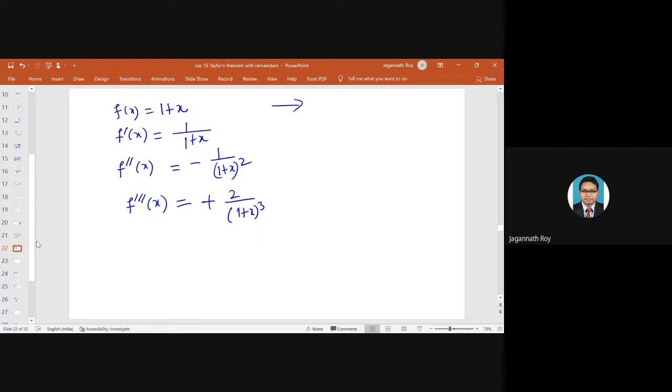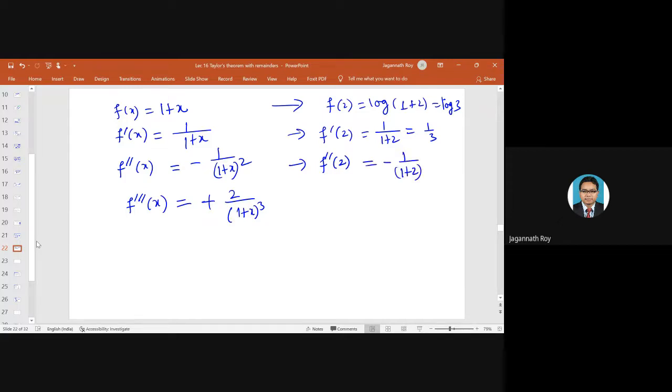So from here we will take f of 2, we have seen that log of 1 plus 2, this is log of 3, then f dash of 2, this becomes 1 by 1 plus 2, so this is becoming 1 by 3. f double dash 2, so this becomes minus 1 by 1 plus 2 whole square, that is 3 squared, so minus 1 by 9.